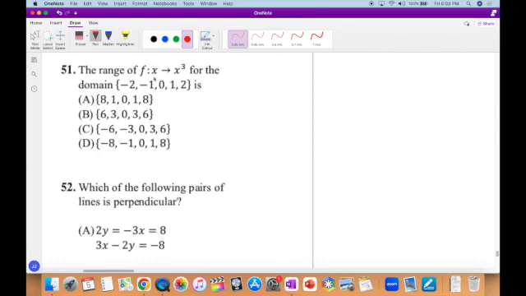The range of f of x is x cubed for this domain is, well, remember the range is y and the domain is x.